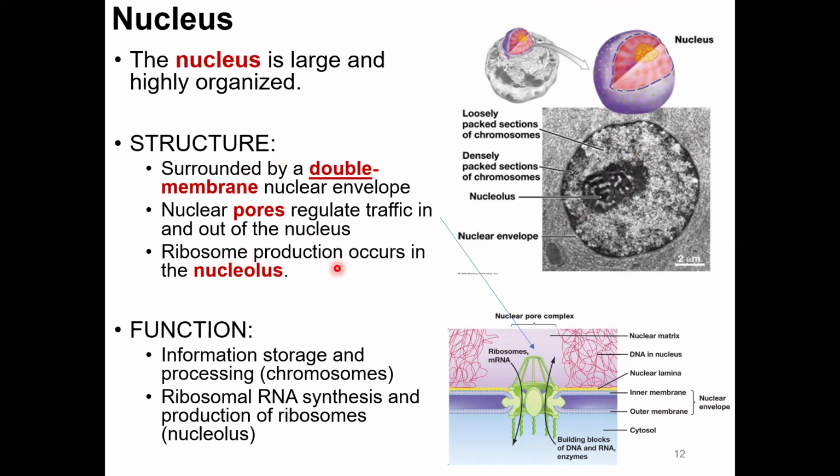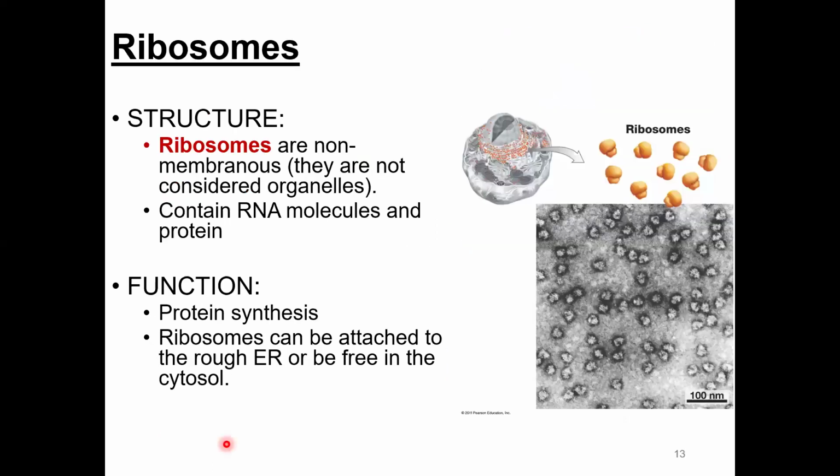Ribosome production occurs within the nucleolus area itself, and it functions as information storage and processing for chromosomes, ribosomal RNA synthesis, and the production of ribosomes within that nucleolus area. So there are chromosomes around it, and in there we have the nucleolus, where the ribosomes are produced.